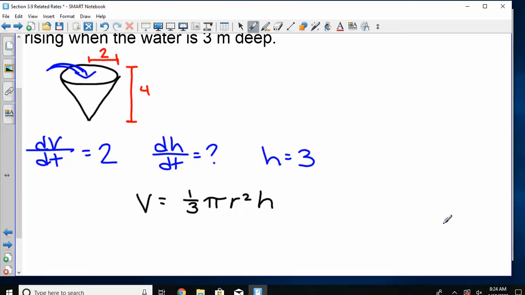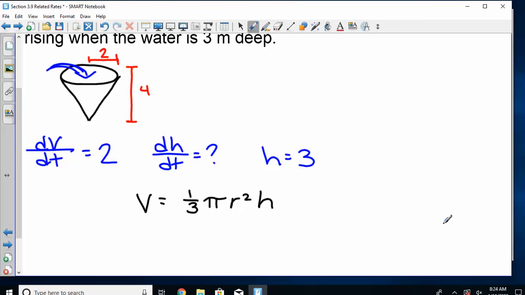It was a cylinder, and it told you that the radius was 5. So the radius didn't change in that, and you were able to plug it in sooner. Is my radius constant in this? No. But is the radius somehow related to the height so that I could maybe change them to the same variable?